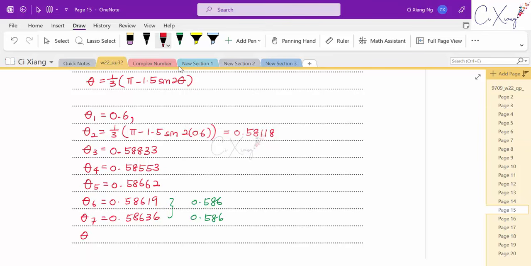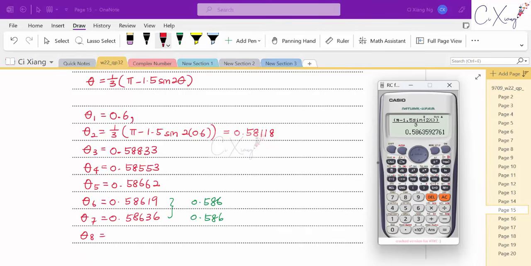If you want to double confirm again, then of course you can try to confirm by using one extra iteration. So calculate with 0.58636, and I get 0.58629.